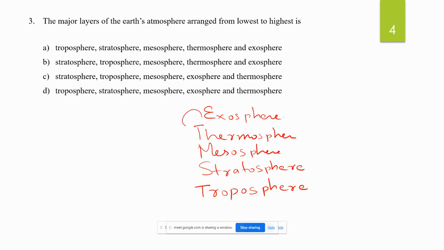So this is the sequence. From the lowest it is troposphere, then stratosphere, then mesosphere, thermosphere. So the answer is A.